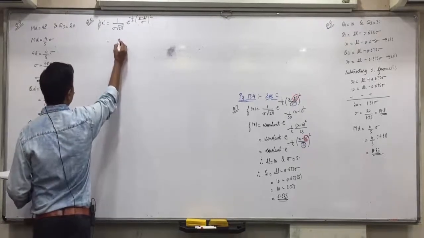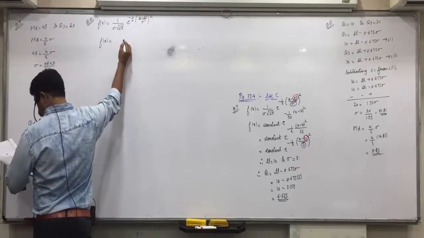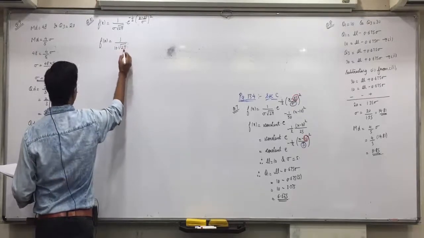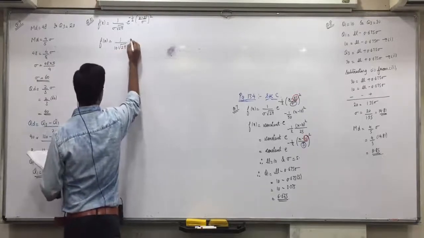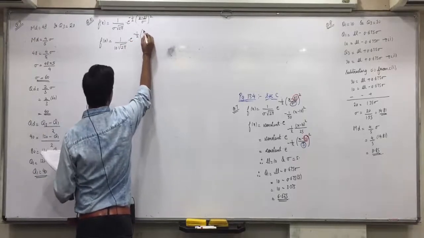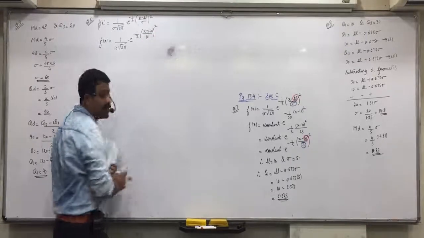Now here the function is given as 1 upon 10 root 2 pi into e raised to minus 1 by 2 x minus 100 upon 10 whole square. It's already exactly a similar function.